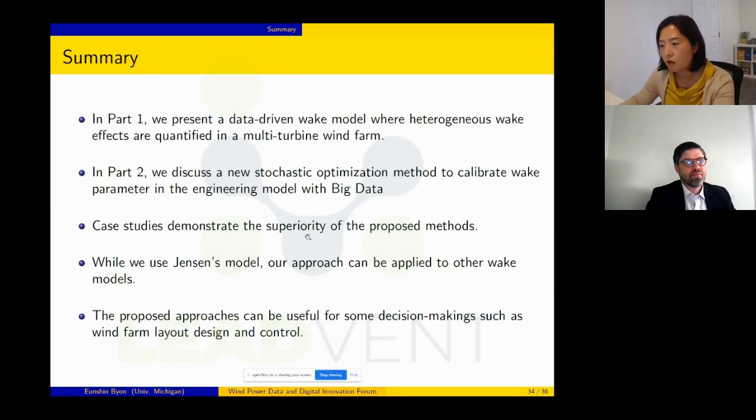We actually evaluated this method with an additional wind farm, a land-based wind farm, and we got similar results. And in part two, we use Jensen's model, but this approach can be applied to any other engineering wake models. And we believe this approach can be useful for some decision making, such as wind farm layout design and control.